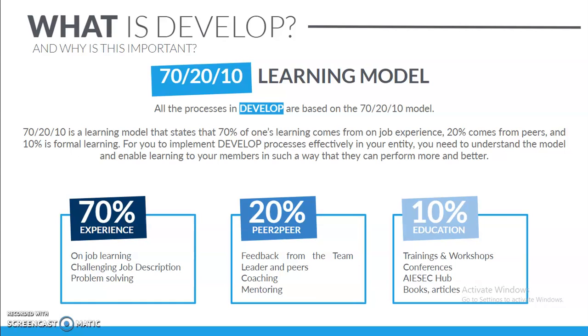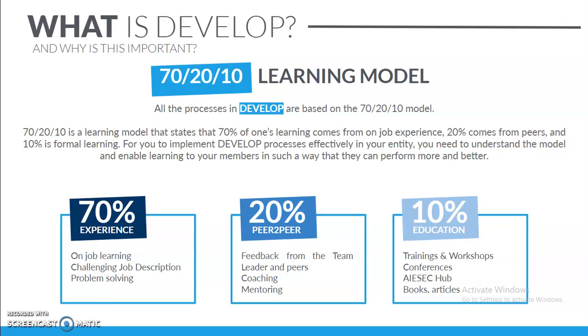First, the 70-20-10 learning model refers to how we learn as human beings. So this theory basically says that 70% of everything that we learn comes from very practical on-job learning. This means everything that you have to do on your job description, problem solving, things that are maybe a bit unpredictable and that you just need to find a solution for day by day in your day-to-day tasks.